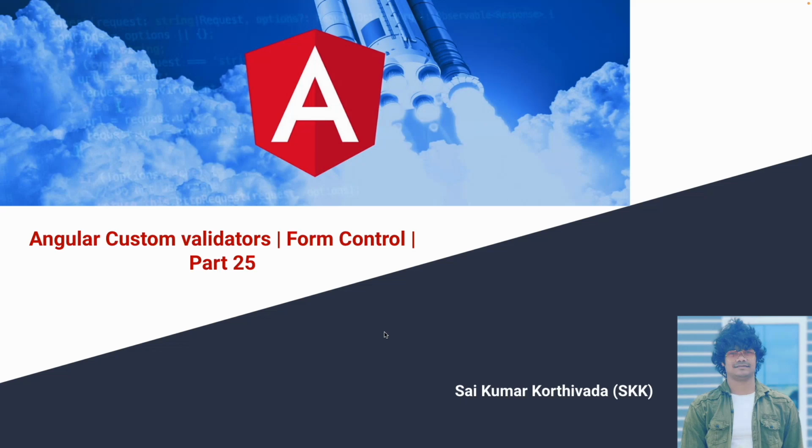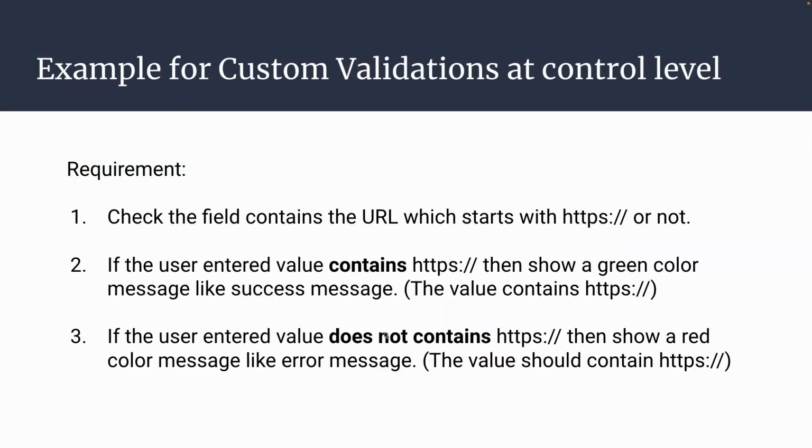And I'll explain what the requirement is in this custom validator with an example. Let me go into the next slide. Here, my requirement is checking whether the field contains a URL which starts with https:// or not. I want to check whether the string matches https://, which is a URL prefix.